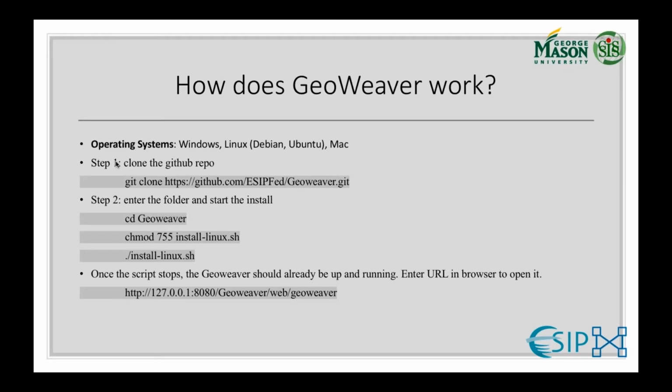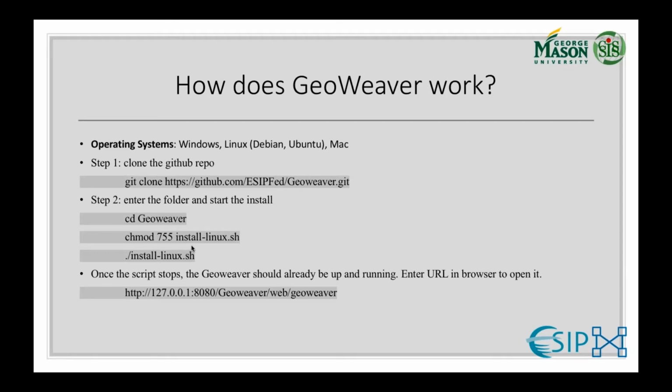The second step is to go to this folder and give this installation script the permission to run, and then execute it, and that's it. After this script is finished, Geoweaver will be up and running. You can visit the interface by entering this link in your browser.